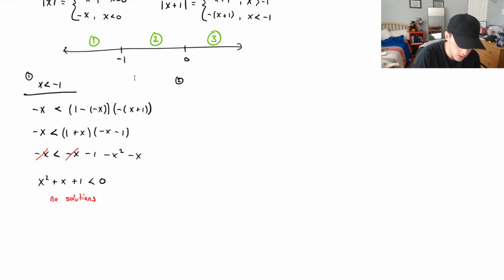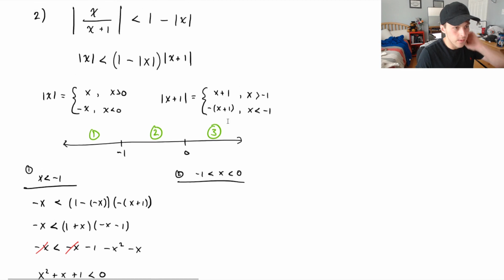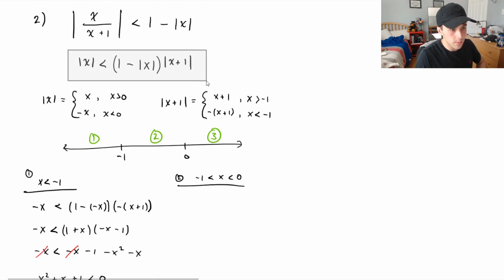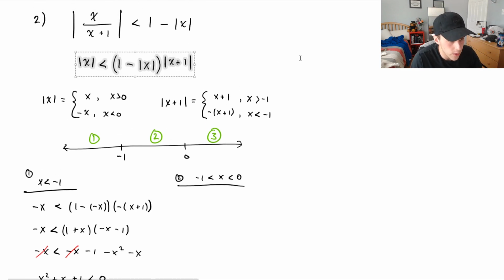Okay, so region number 2 now. We have x between -1 and 0. Well, we're going to do the same thing. We're going to replace the values of our inequality up here, and we're going to put in what function it will take on.